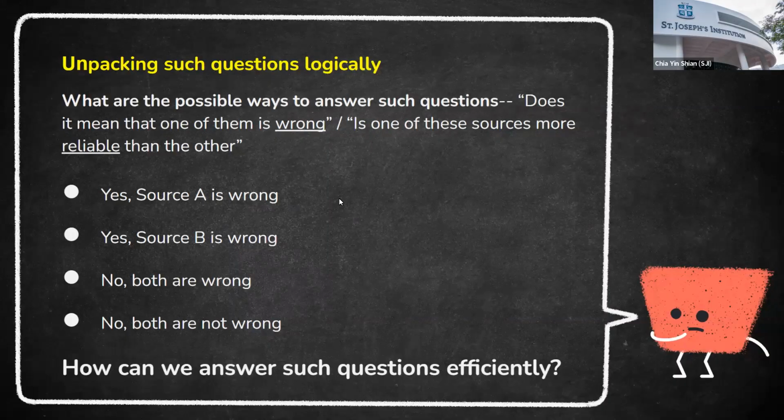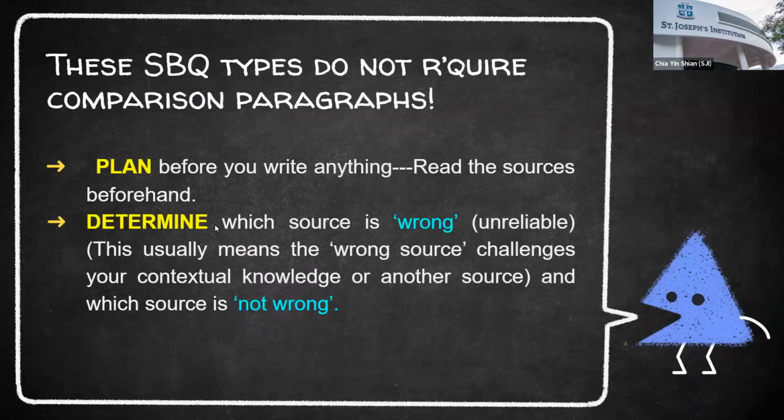So your job is to pick out the wrong source, or both are wrong, or both are right, and answer accordingly. So for example, if I plan my answer, I will determine which source is wrong, or in other words unreliable, and which source is not wrong.